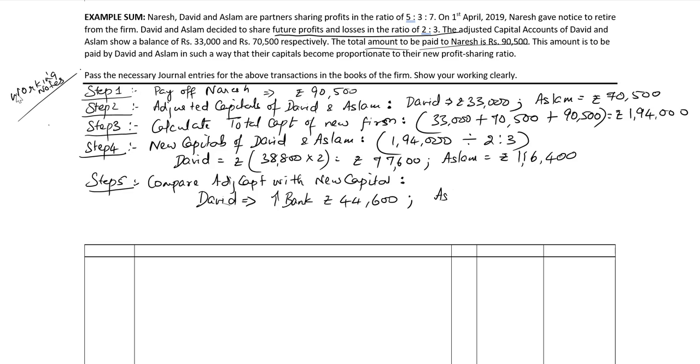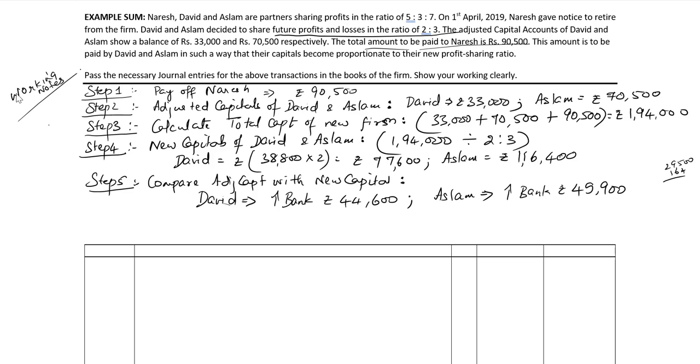In the case of Aslam, the adjusted capital is 70,500 rupees, whereas the new capital is 1,16,400 rupees. So Aslam also has to bring in cash for the amount equal to the difference. It's equal to 45,900 rupees.